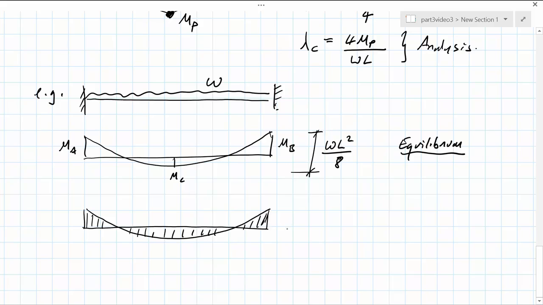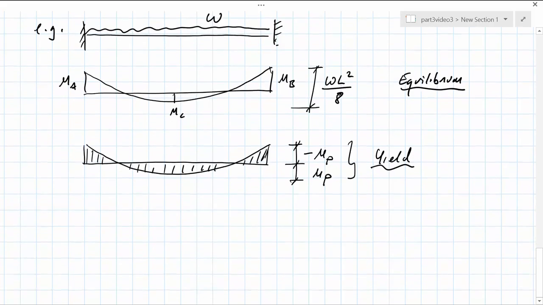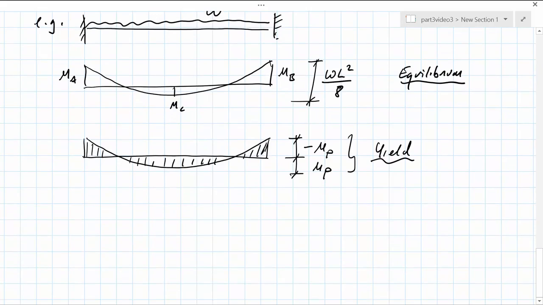Under the conditions of yield, we can argue that the positive and negative bending moments cannot exceed the plastic collapse moment. And finally, the resulting mechanism has 3 plastic hinges, all with value MP.